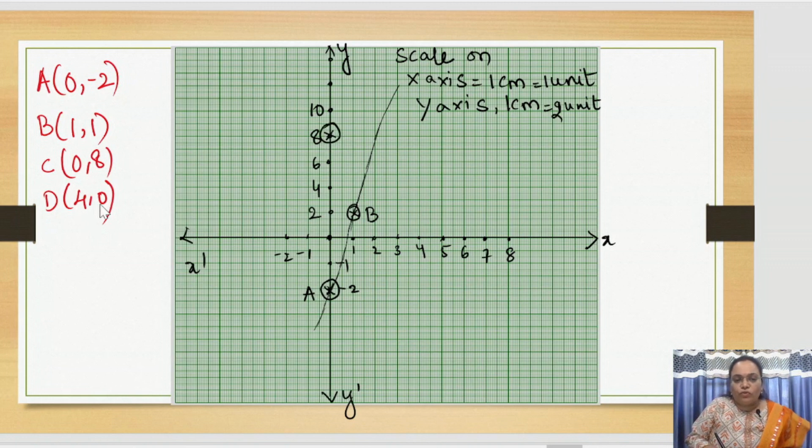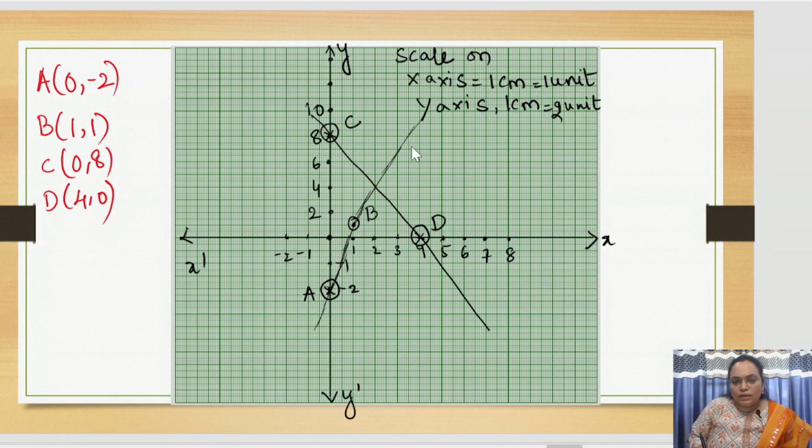The next one, 4 and 0. 4 on the x-axis and 0 on the y-axis, which is here. Okay. So, let us join these 2 points. So, this is the C point and this is the D point. Okay. This is the line.